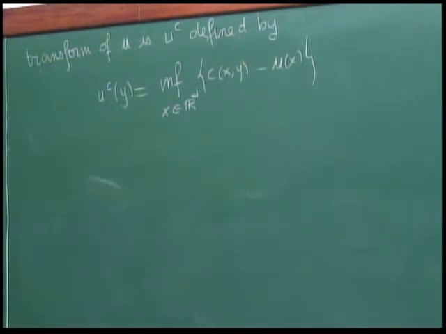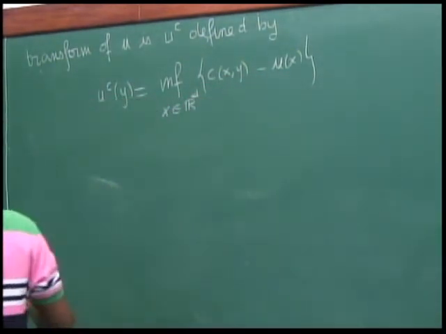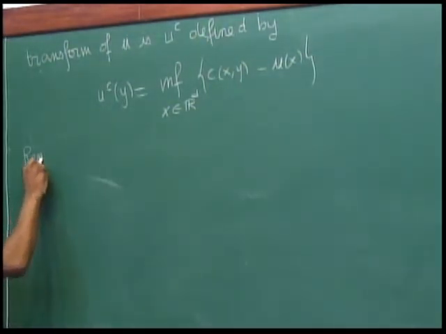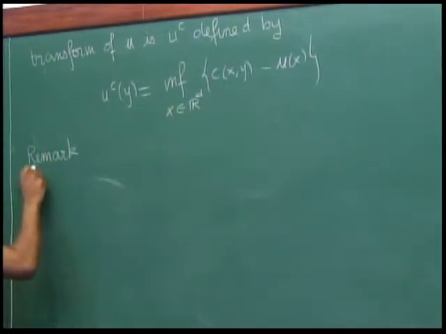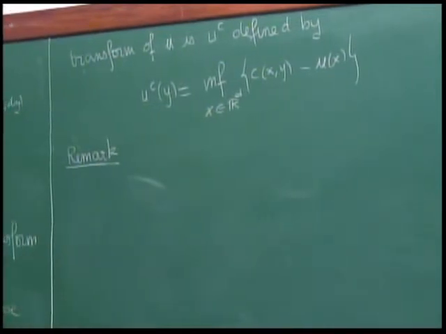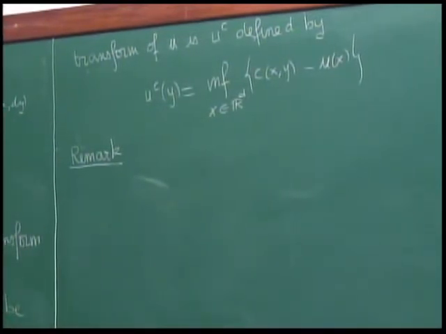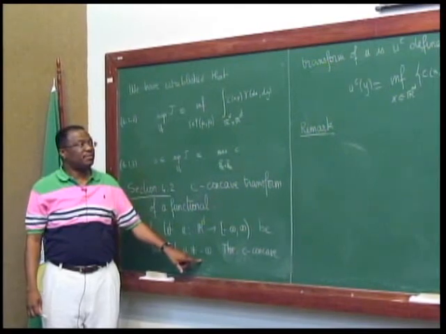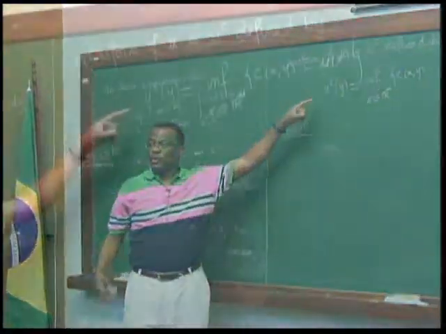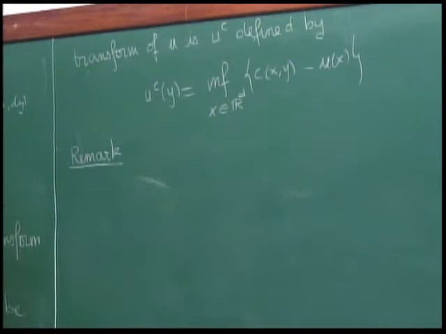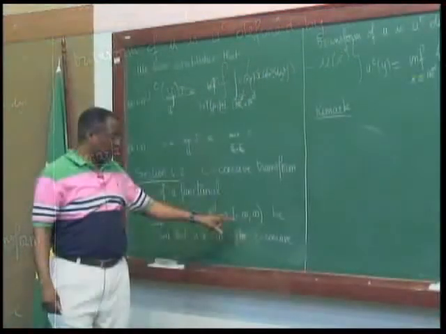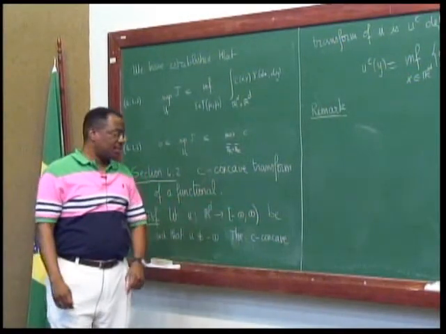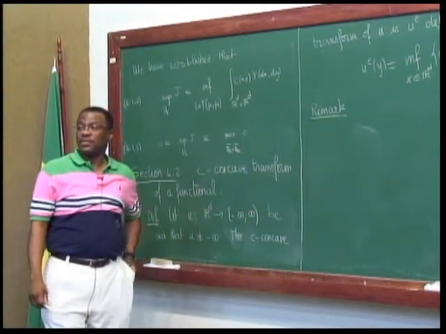So here are some observations, remarks. Because I said that u is not identically plus infinity, uc will never take the value plus infinity. And so uc will be from Rd to negative infinity, plus infinity, open at plus infinity.